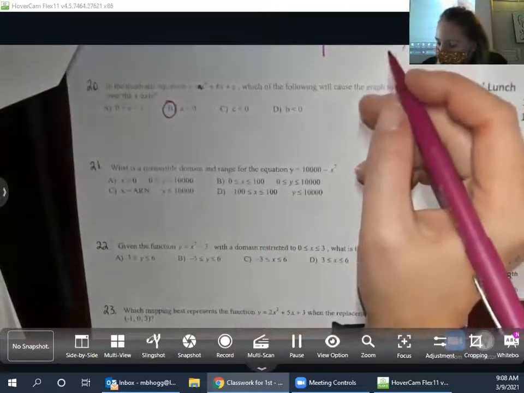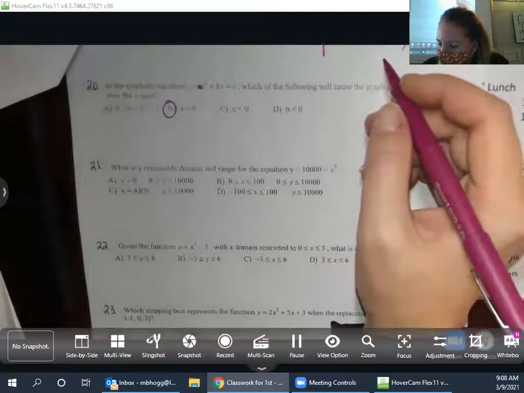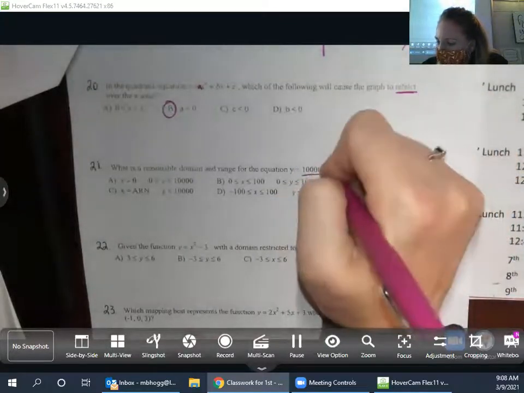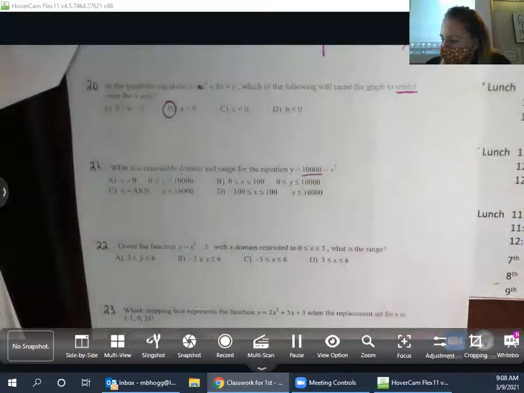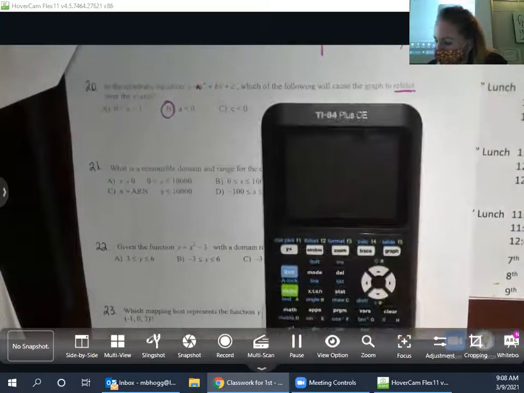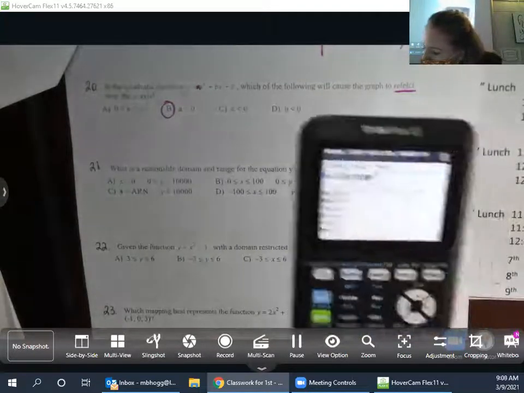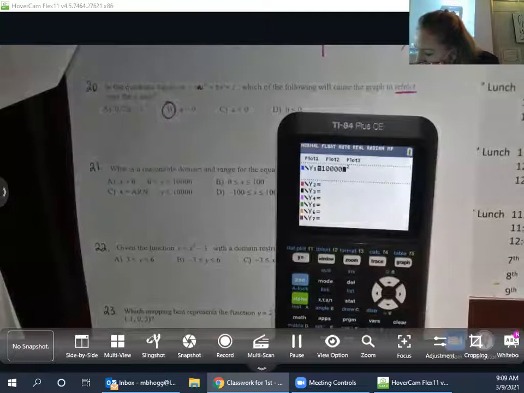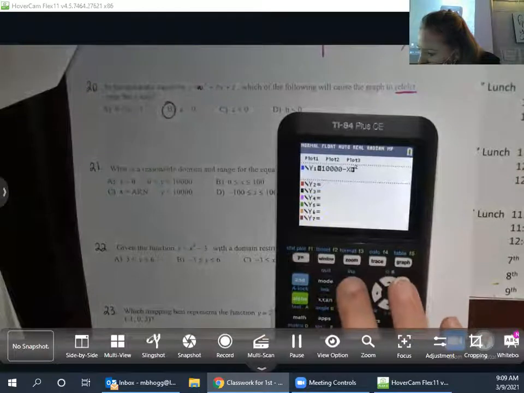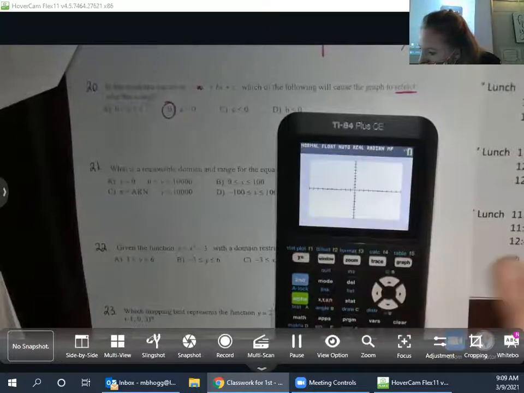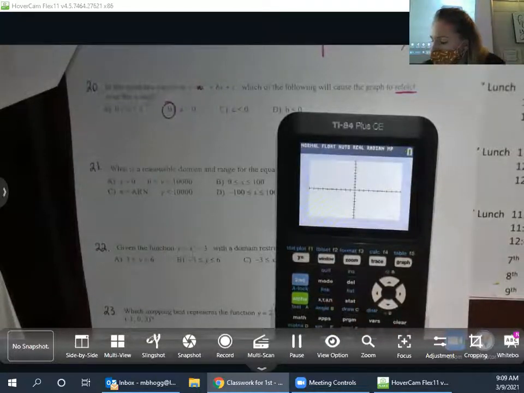Number 21, what's the reasonable domain and range for the equation y equals 10,000 minus x squared? So I'm just going to put that in my calculator because if all else fails, that's what you could do. 10,000, my bad. 10,000 minus x squared. Oh, it's definitely not going to show.